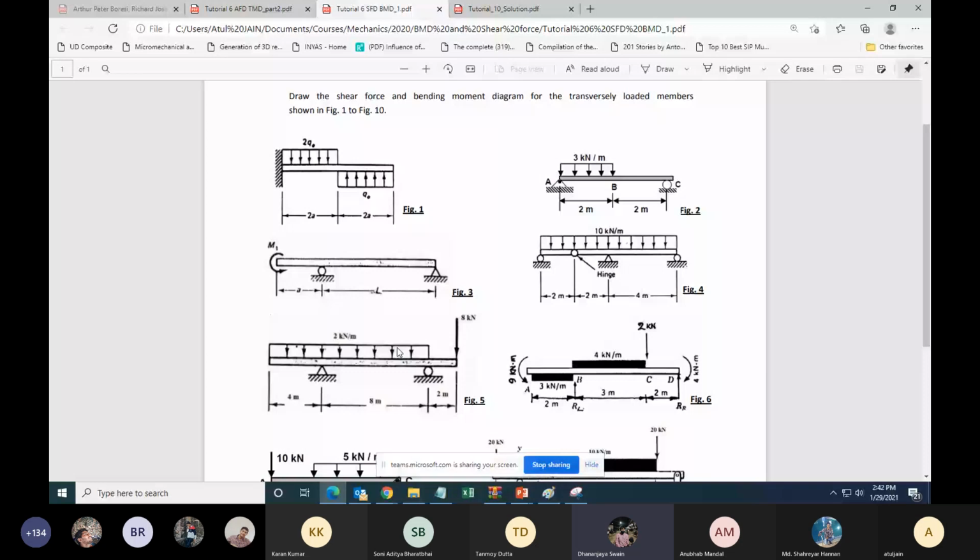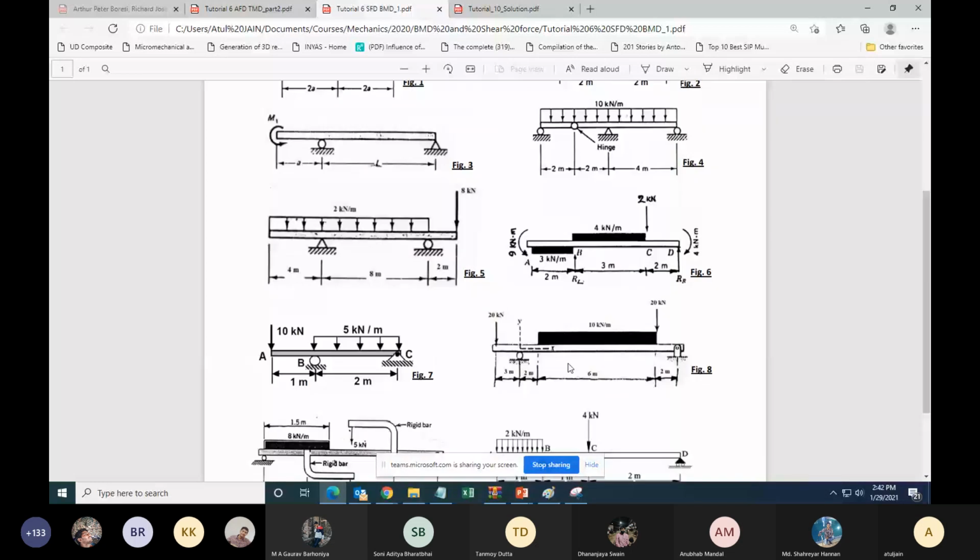Is it correct from my side to assume that all of you know how to draw a bending moment diagram if there is a uniformly distributed load or point load? Yes, sir. So based on that, I can say that question number 2, 5, 8, 7, and 10, all of you can do. Correct or not?